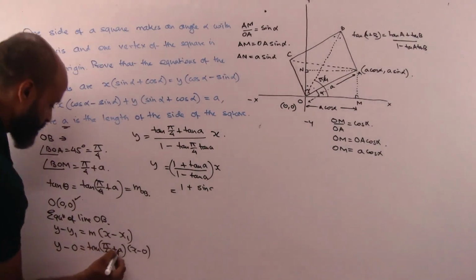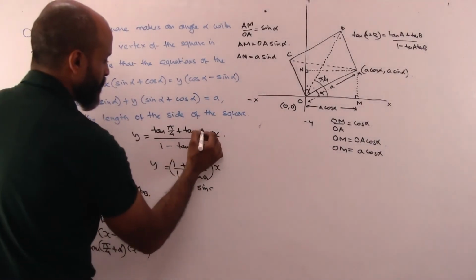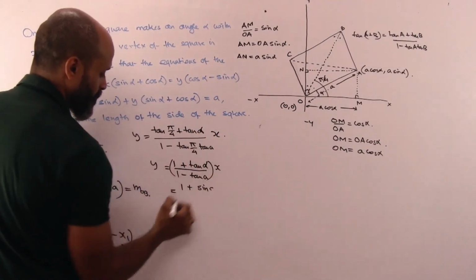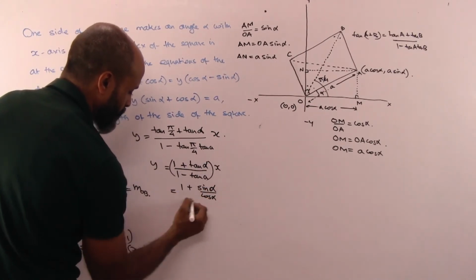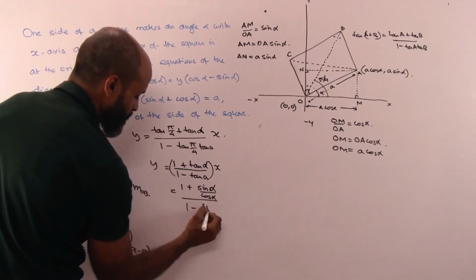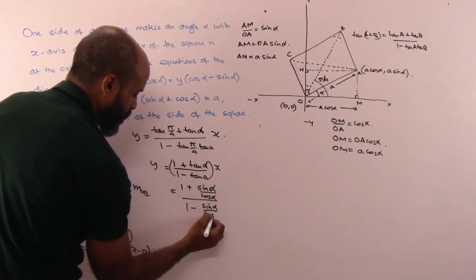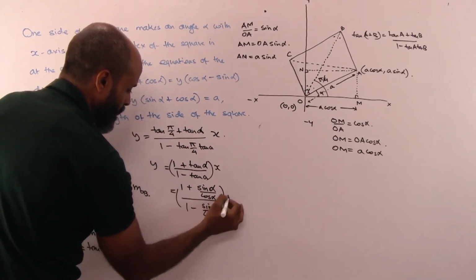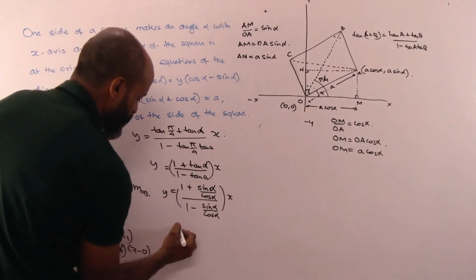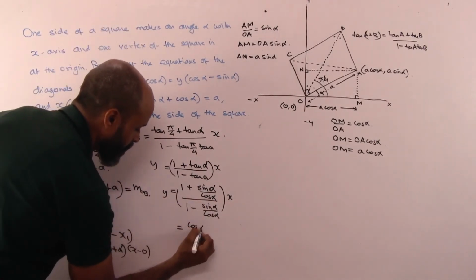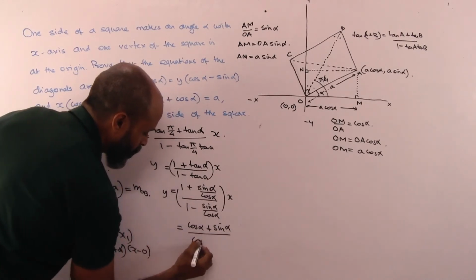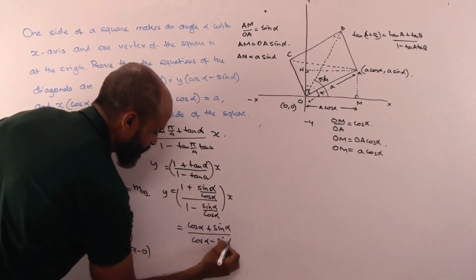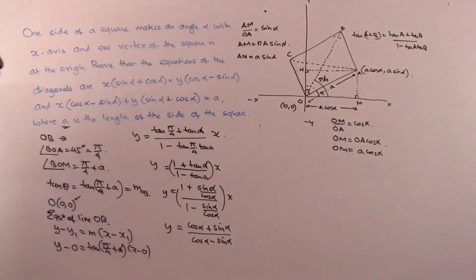Oh, this is not a, this is alpha, I am so sorry. So this will be sine alpha by cos alpha upon 1 minus sine alpha by cos alpha into x is equal to y. So this will be cos alpha plus sine alpha upon cos alpha minus sine alpha is equal to y.